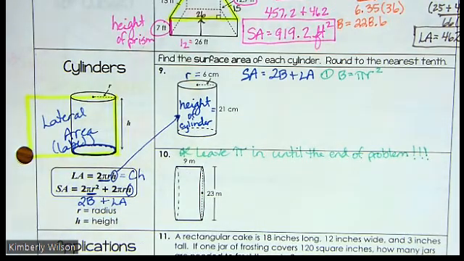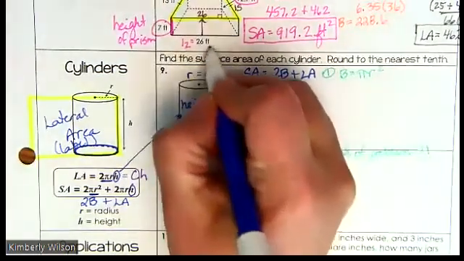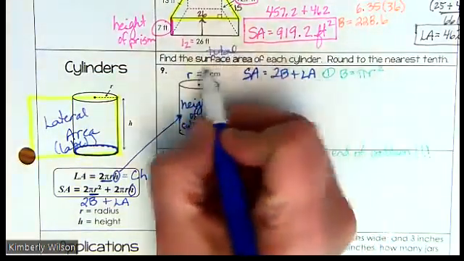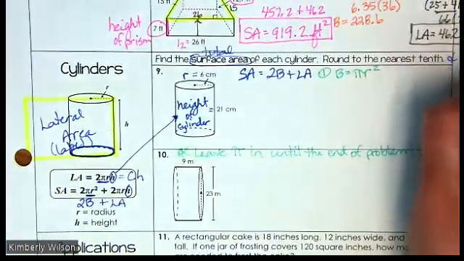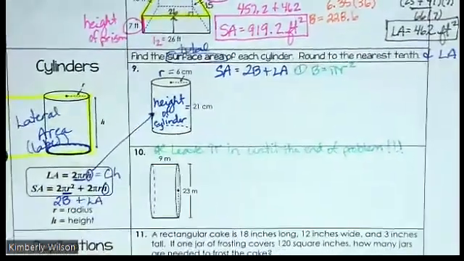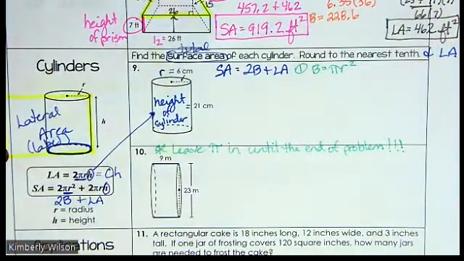All right, here we go. And again, we're finding total and lateral area. All right, which we find in our work.